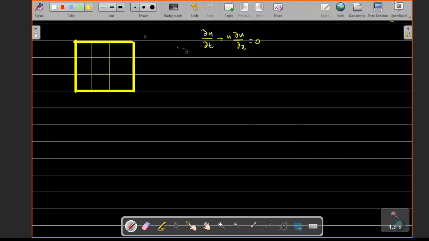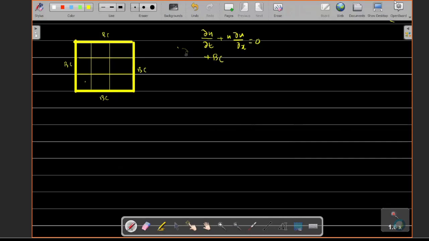The BCs are specified on the bounding surfaces. We said the domain is described into 1, 2, 3, 4, 5, 6, 7, 9. So we have discretized into 9 cells, 3 multiplied by 3.